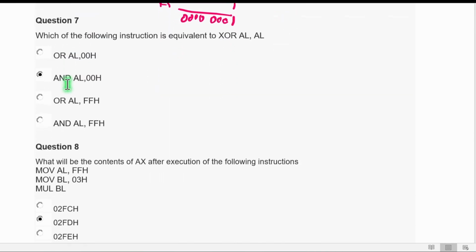Question 7. Which of the following instructions is equivalent to exclusive OR AL, AL? See, in the case of exclusive OR, if 2 bits are different, then only the result will be 1. If both are the same, the result will be 0.